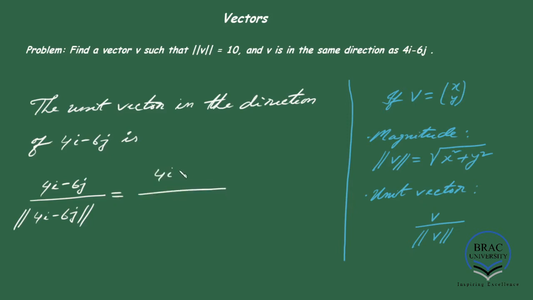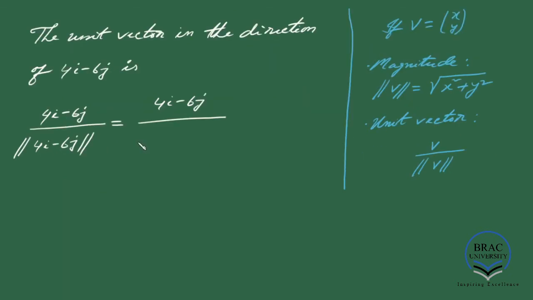So let's calculate this. 4i minus 6j, and over here we can use this formula to find the magnitude of the vector. So we can write the square root of 4 squared plus negative 6 squared.